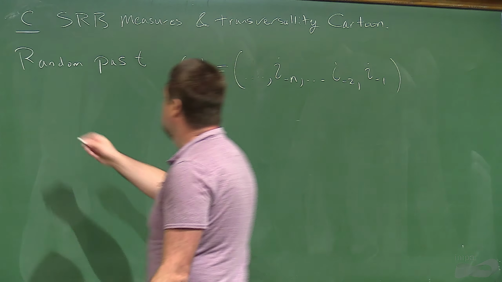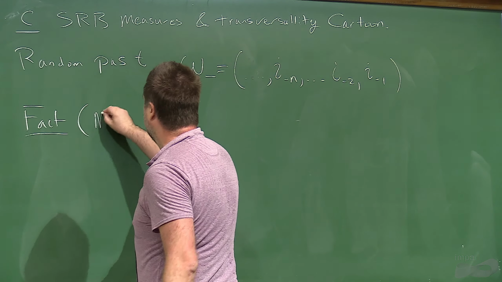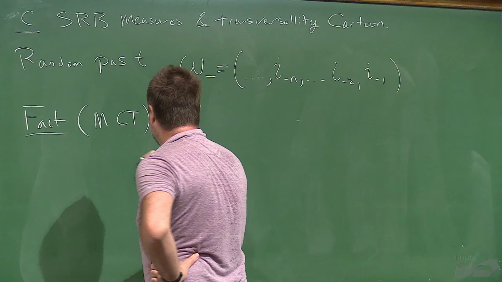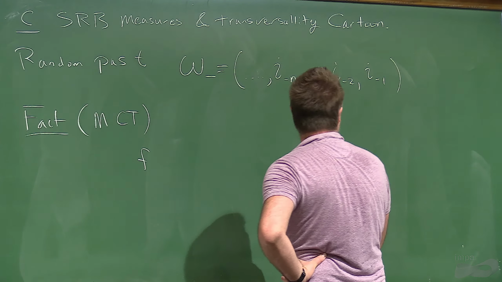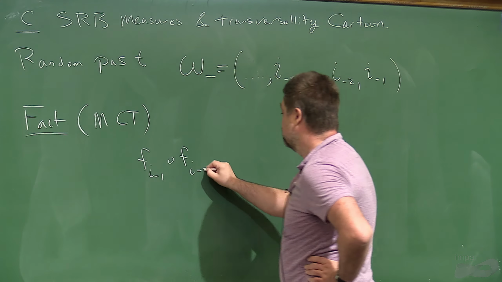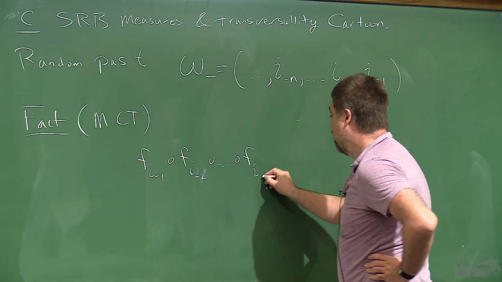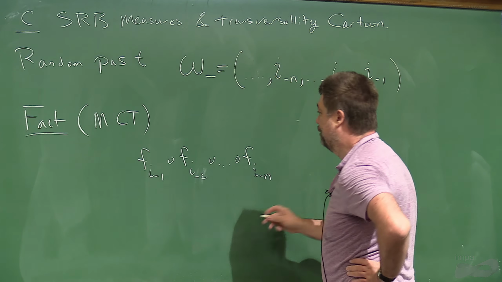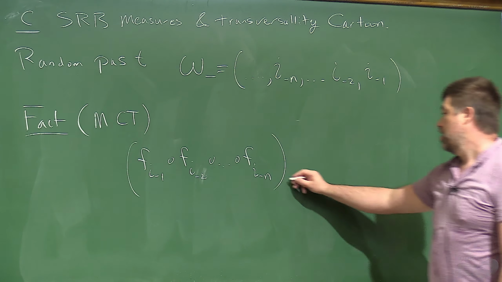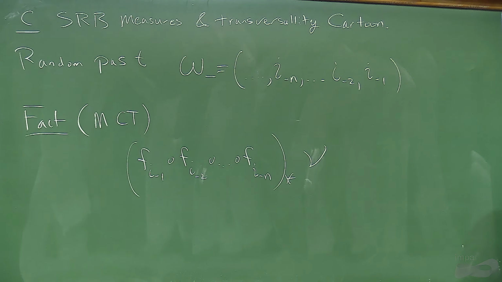And here are some facts, which when you put it in the right framework, it's just from the martingale convergence theorem. And it says the following, that if I take f, let's see, which way do I want to go? The last one I want to do is f_{i_{-1}}, f_{i_{-2}}, composed with f_{i_{-n}}. So here's some just past dynamics that I made up. I push forward my stationary measure under this thing.